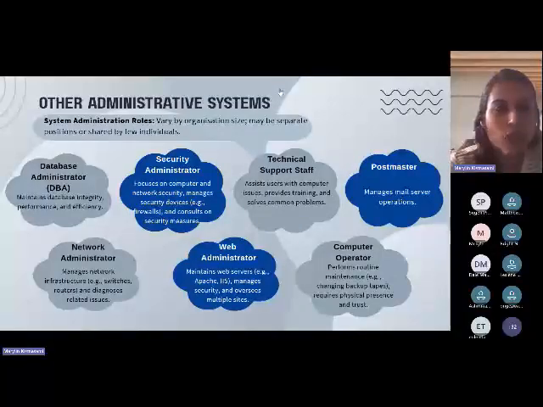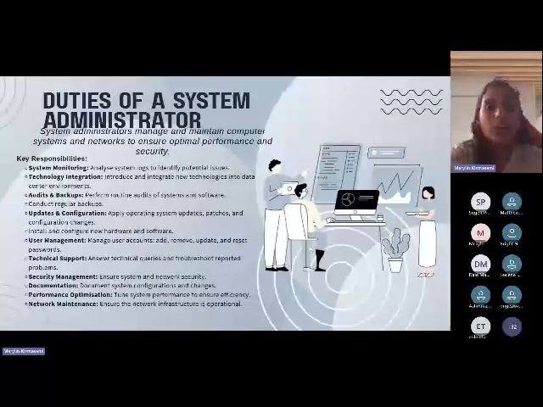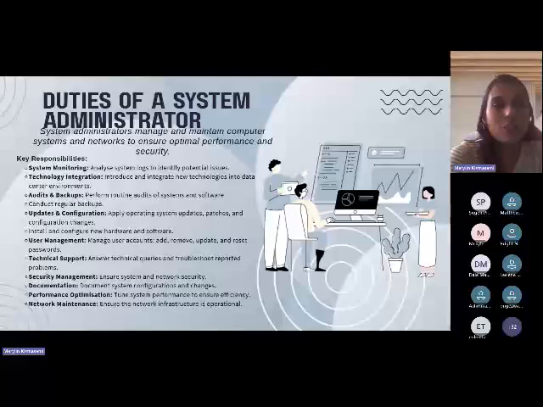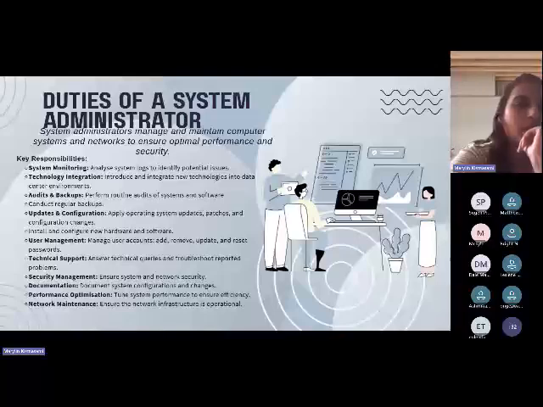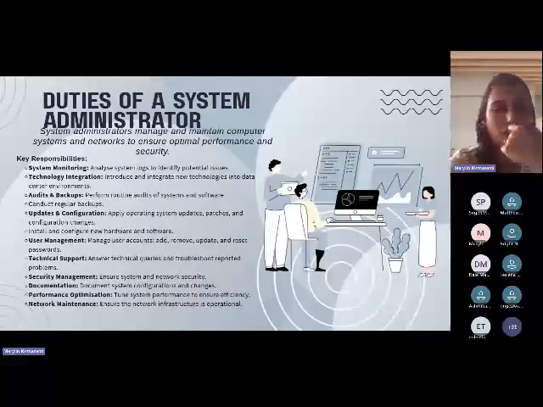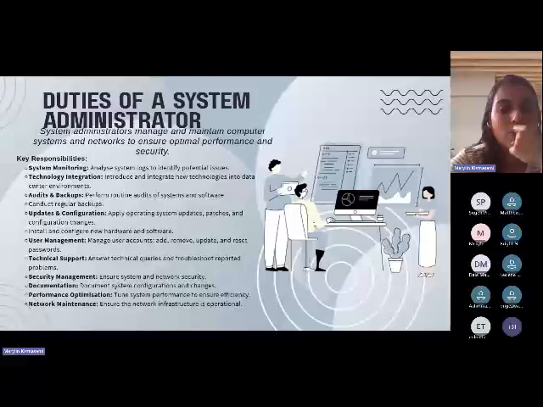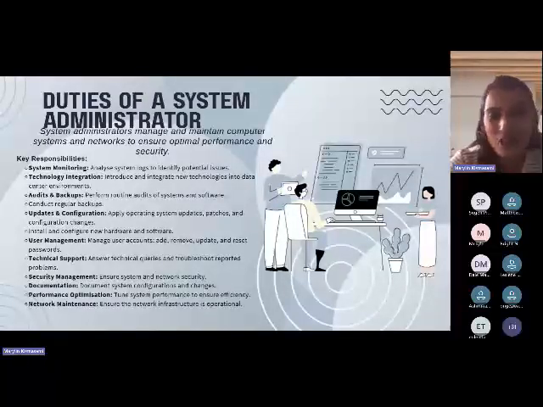Okay, let's move on to the next slide. If I can just click on that. Okay, so now we're going to go deeper into the duties of a system administrator. So what are the duties of a system administrator? They are responsible for keeping an organization's IT systems running smoothly.